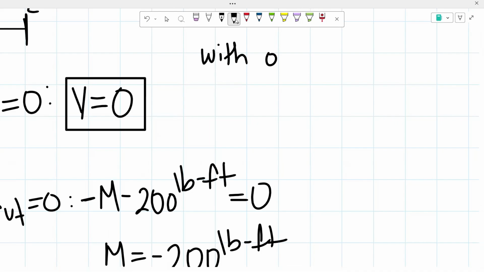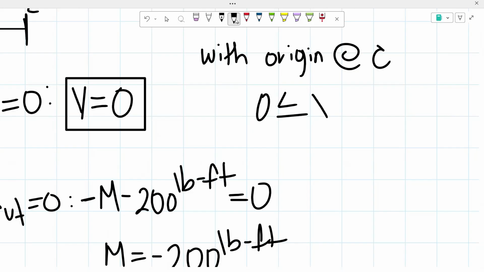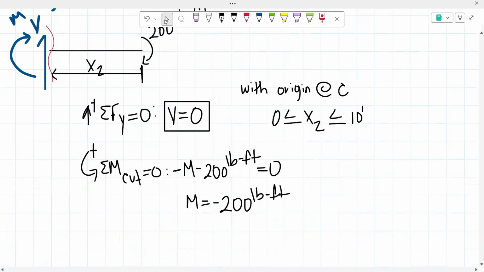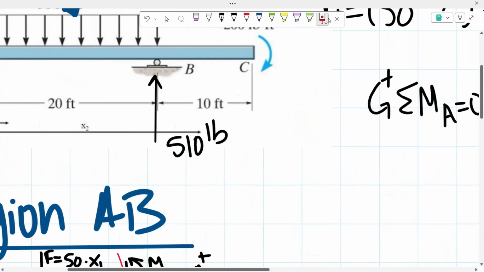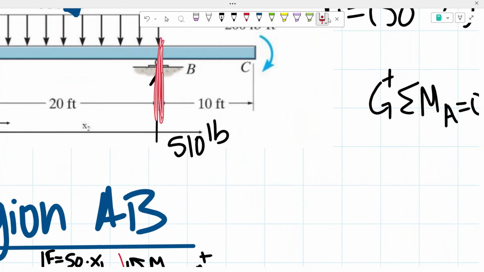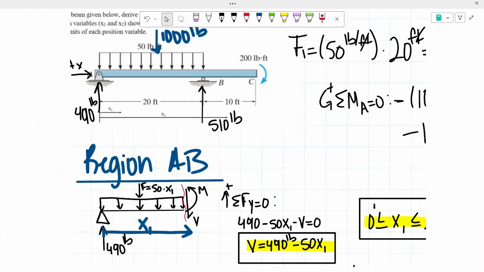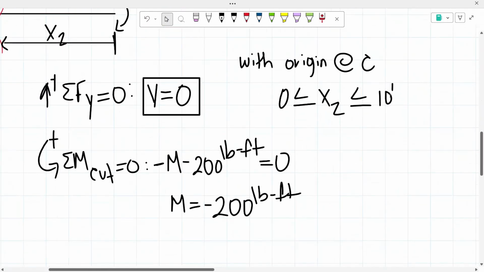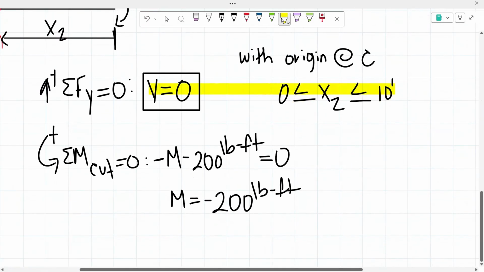With origin at C, this is valid. Meanwhile, x2 is greater than or equal to 0 and less than or equal to 10 feet, because now we're looking at it from here. So I forgot to modify the limits now that I took my origin at a different place for this part.